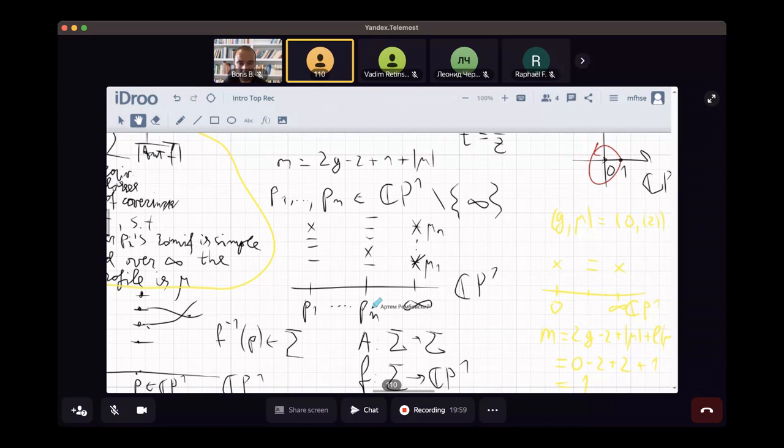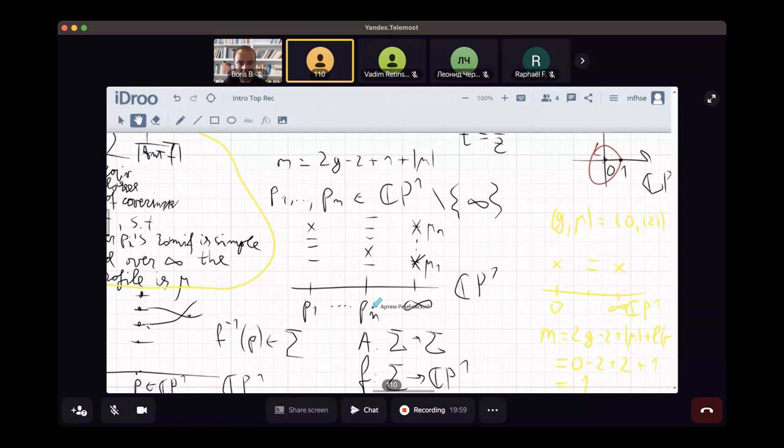So let me write it again. We have our sigma, we have one covering F, we have some other covering F tilde, and they're equivalent if there is a homeomorphism from sigma to sigma, let's say capital F, so that this diagram commutes.